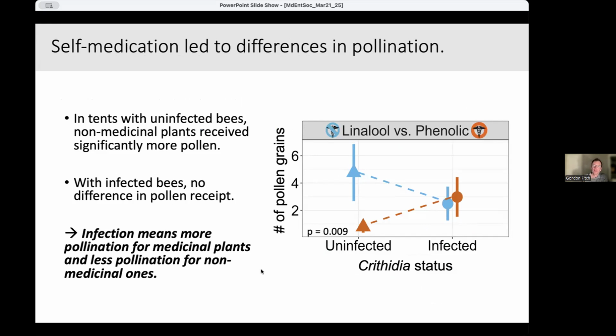So here I'm showing you the number of pollen grains that were left behind after a bee visited a flower, again depending on whether the bees were uninfected or infected. And this time, you can see the same pattern, more or less, where infection meant that pollination improved for the medicinal plants, but was worse for the non-medicinal plants.